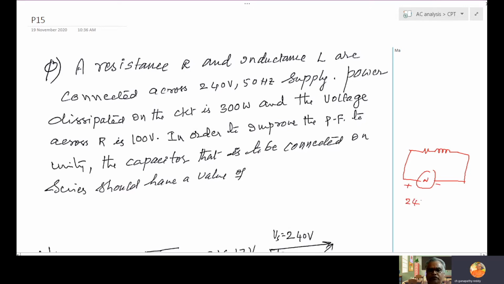So this is 240 volts, 50 Hz. R value we don't know, L value we don't know.